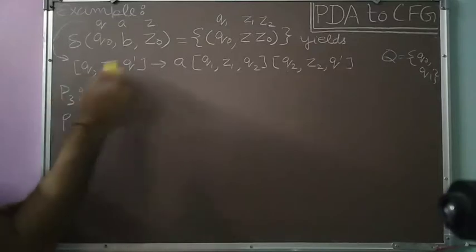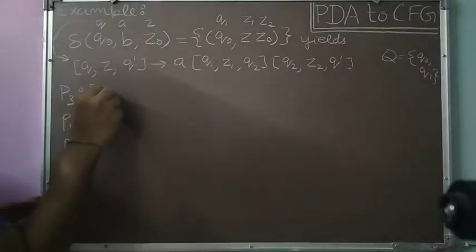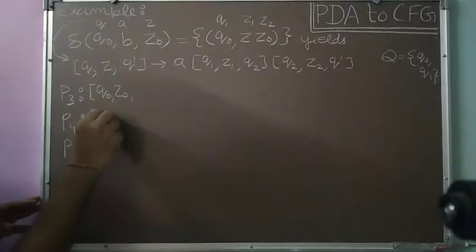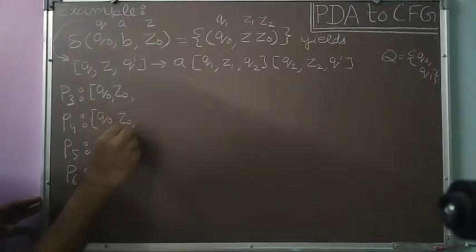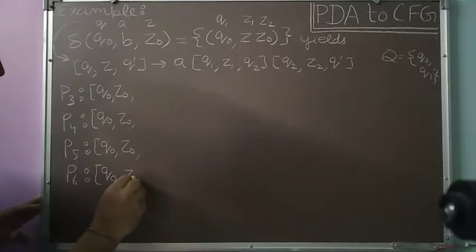So Q, Z, Q dash. What is Q and Z? Q is Q0 and Z is Z0. So Q0, Z0 will come in each. I am writing Q0, Z0 everywhere.